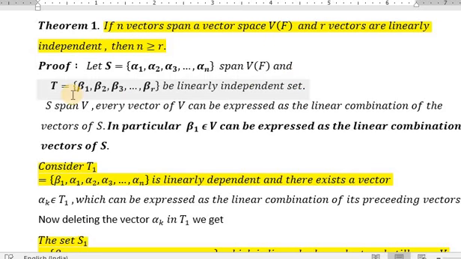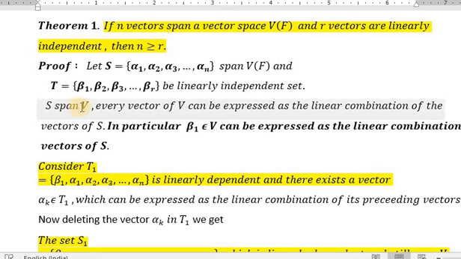And let us take T, another set, which is equal to beta 1, beta 2, beta 3, and so on, beta r, a linearly independent set. So two sets we have taken, that is S and T, and S spans V of F. Since S spans V, every vector of V can be expressed as a linear combination of vectors of S. See, V is the given vector space and we have taken the set S, which is a subset of V of course.